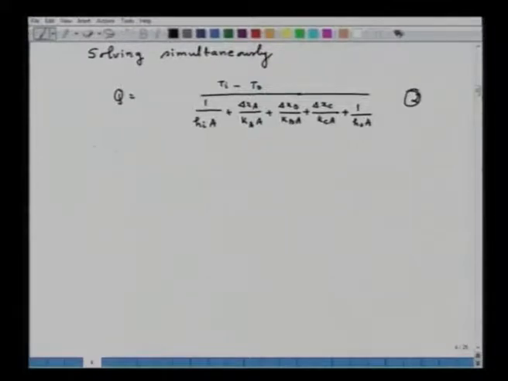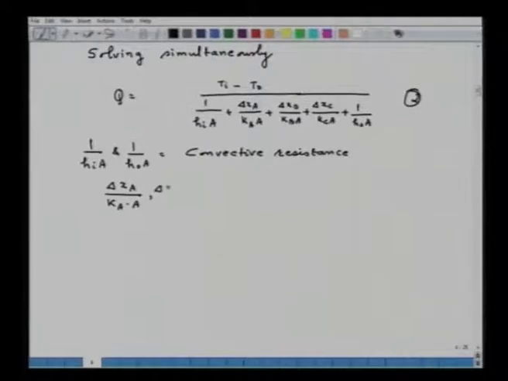Now, remember this 1 upon Hi into A and 1 upon H0 into A are the convective resistances to the heat flow, whereas delta Xa upon Ka into A, delta Xb upon Kb into A, delta Xc upon Kc into A are the thermal resistances offered by the walls of different thickness and different thermal conductivities.